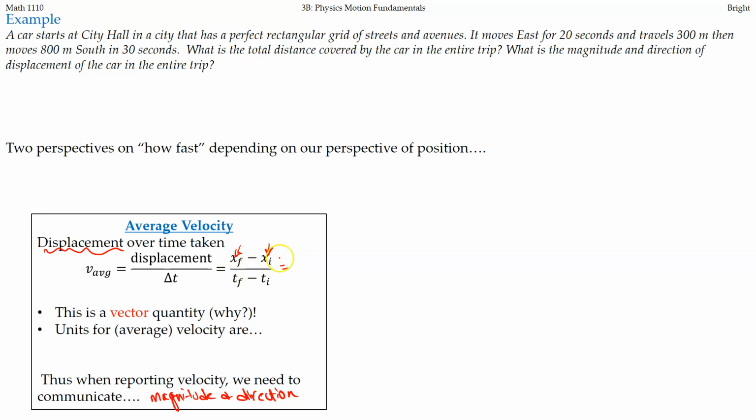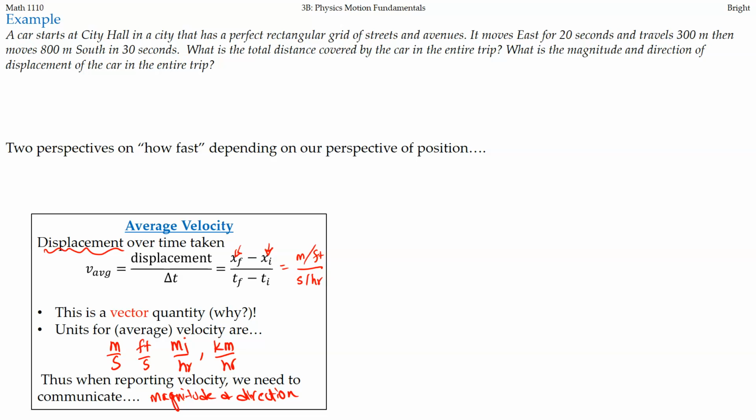The numerator, displacement, is in meters or feet, and time is going to be in seconds or hours. So most commonly with velocity, we're in units like meters per second, feet per second. We could even see miles per hour, a familiar one for many of us in the US, or kilometers per hour in areas outside of the US.